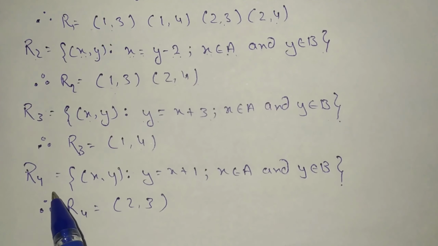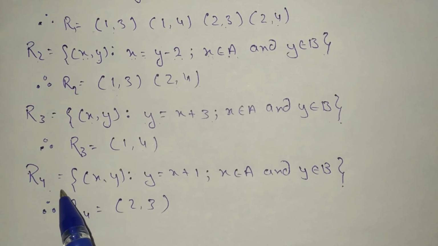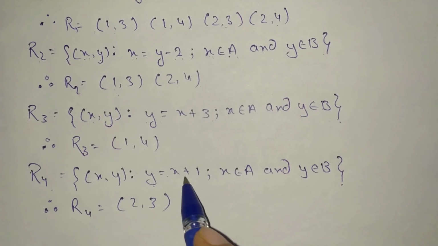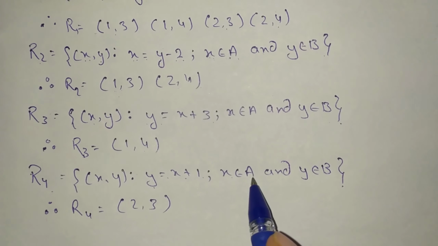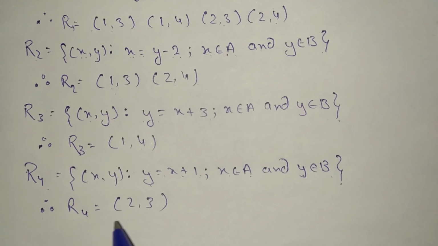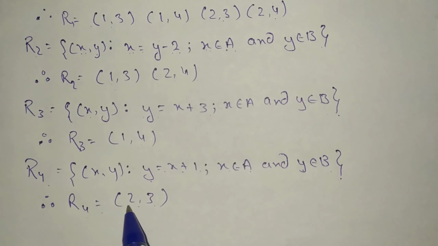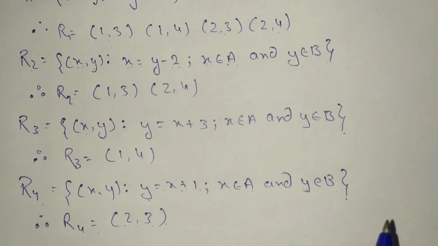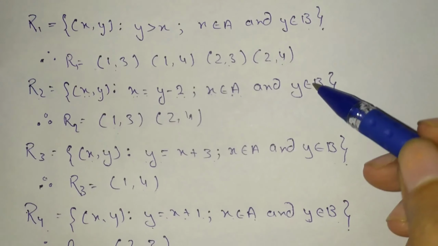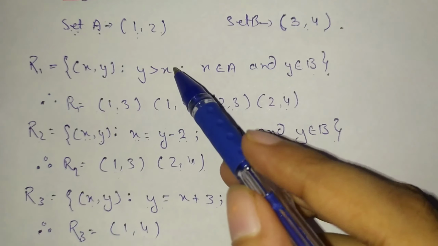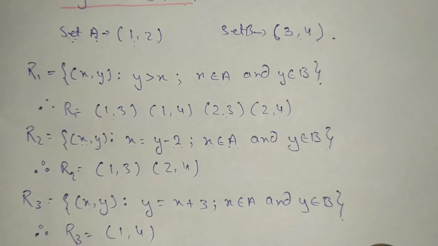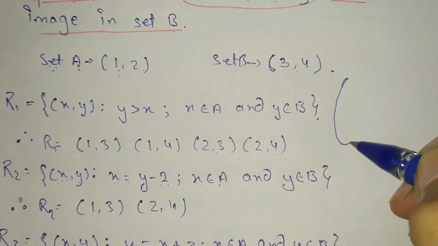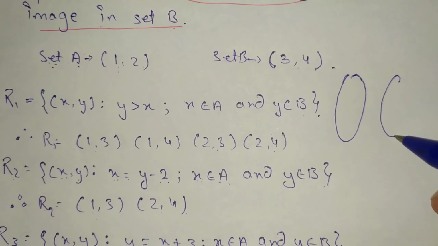And our fourth relation was y is equal to x plus 1, where x belongs to A and y belongs to B, and therefore R4 is equal to (2,3).